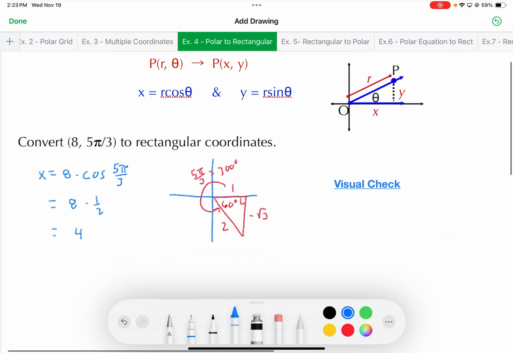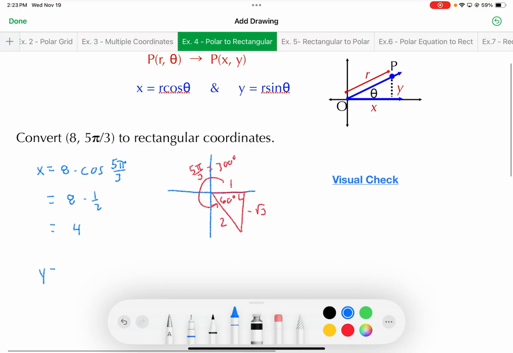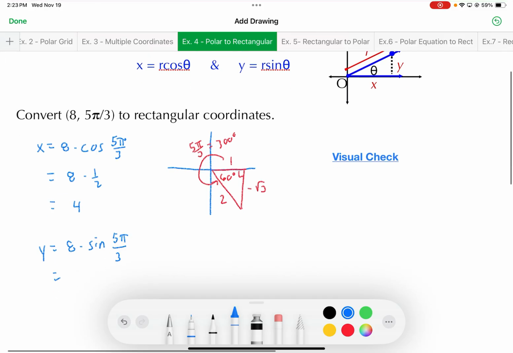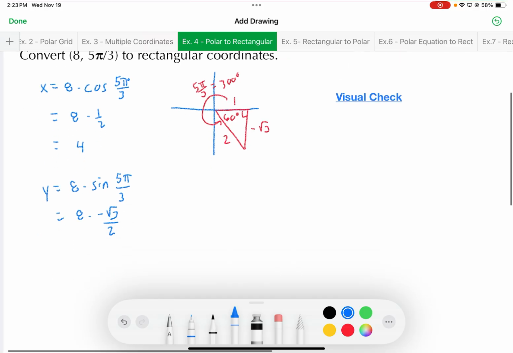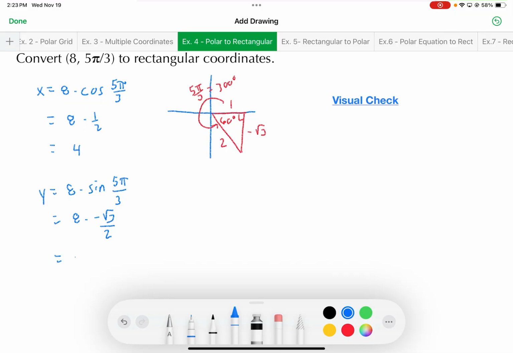So that works out nicely. Y, though, we're going to have to give a radical within our answer. It would be 8 times sine of 5 pi over 3, which would be 8 times negative radical 3 over 2. And that's going to simplify to negative 4 radical 3.